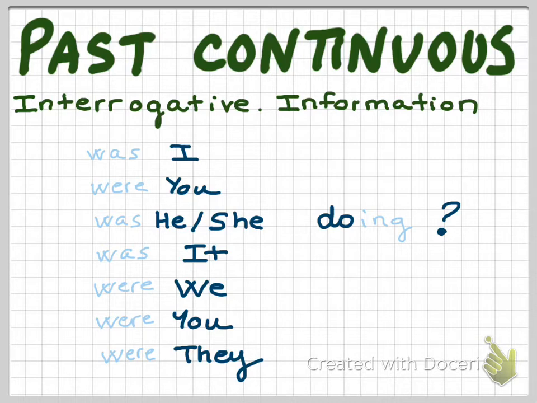What is important here to remember is that with the information questions, we need to write the question words before the verb. That means that we need to write why, where, and how before the verb to be.